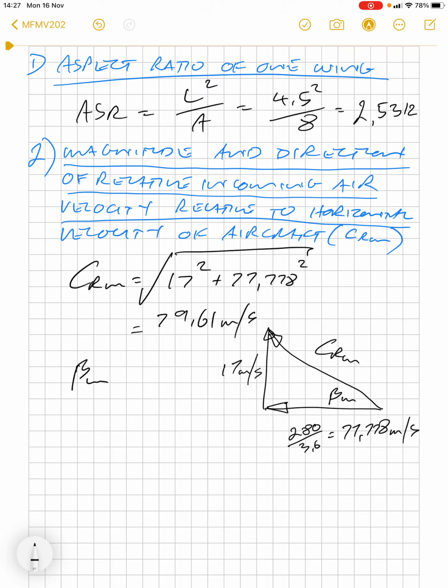We can also calculate the angle beta M, that's arctan of 17 divided by 77.778, which gives us 12.329 degrees to the horizontal.